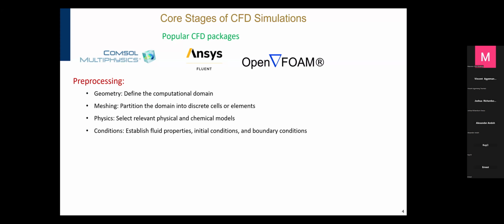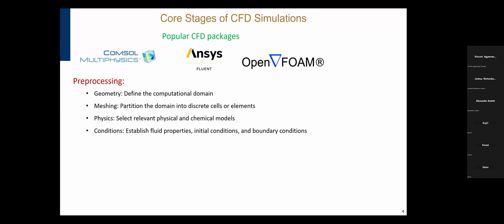Now, with all of these packages, there are three main steps you would typically have to be involved in. You would start with a pre-processing step where you define your geometry, you do your mesh, and the physics, as well as the boundary conditions.